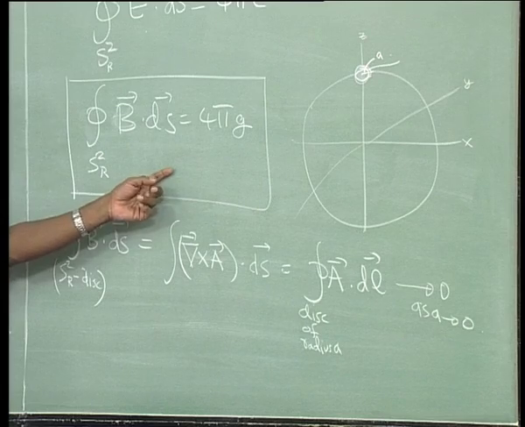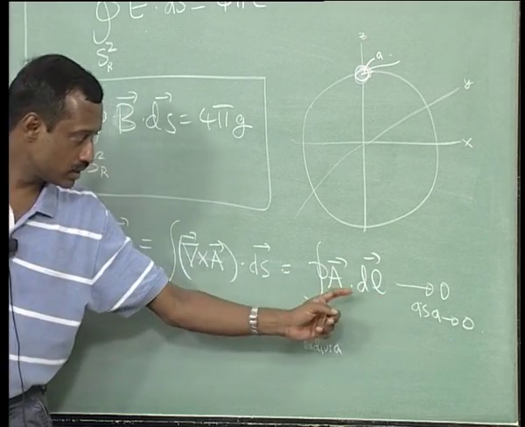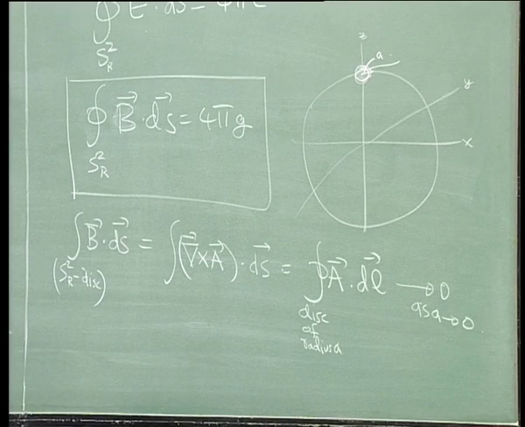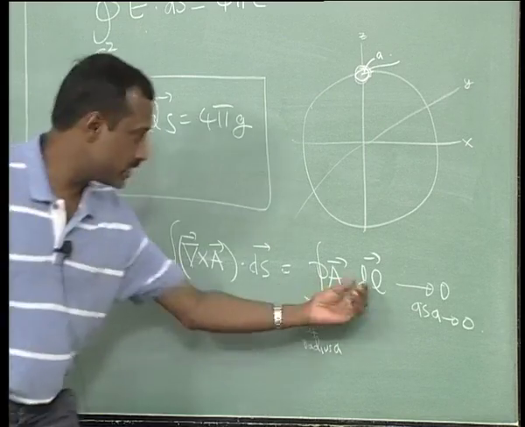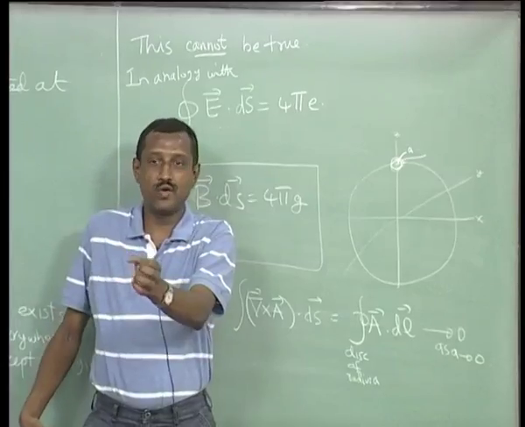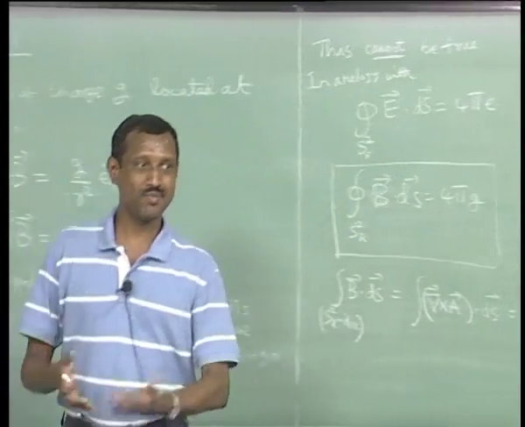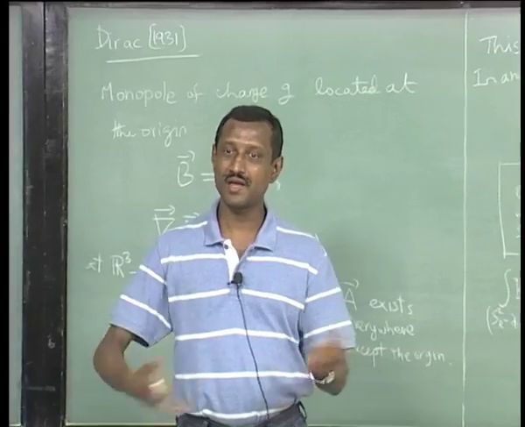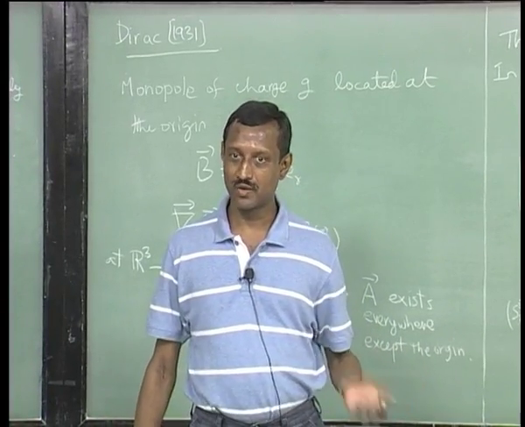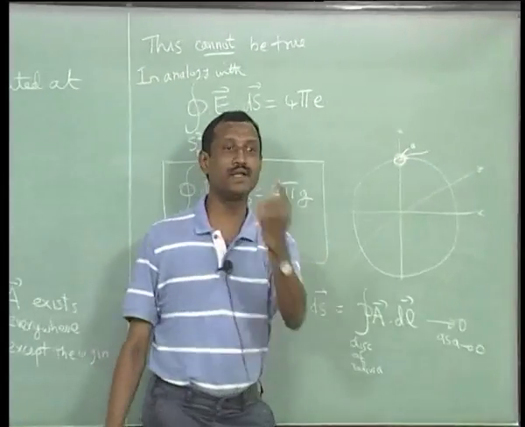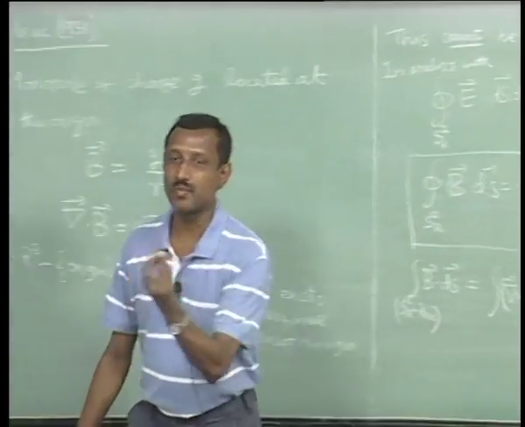So, the only way this can go wrong is if A becomes singular somewhere such that it will cancel. Even though dl is of size a going to 0, if A blows up at some point as 1 by a, then we can get some cancellation. So, what it implies is that A will necessarily blow up at least at one point or some small region.